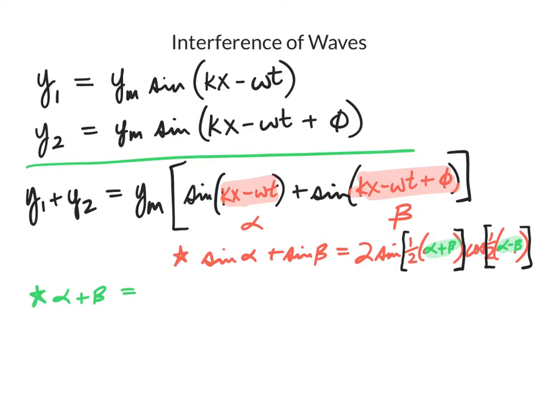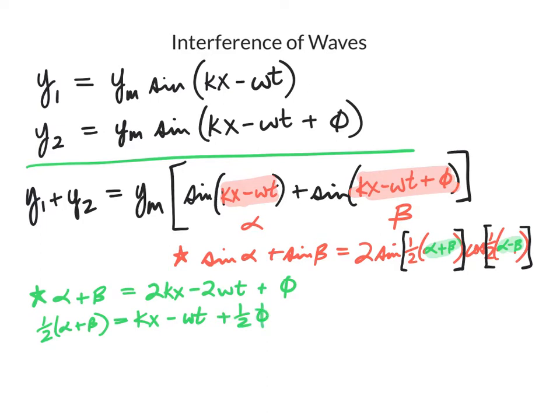So alpha plus beta. Well, that's going to be 2 kx minus 2 omega t plus phi. And so that's just adding them. I have 2 kx's, I have 2 omega t's, and this phi, the phase shift. Just adding them, all right? And so half of that is just going to be kx minus omega t plus half of phi.